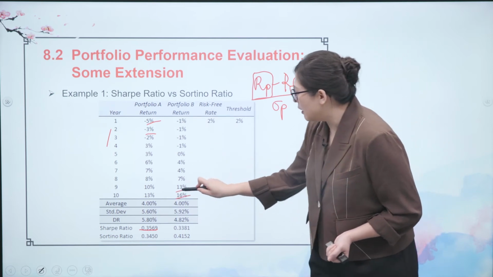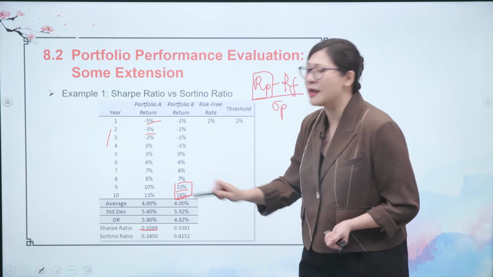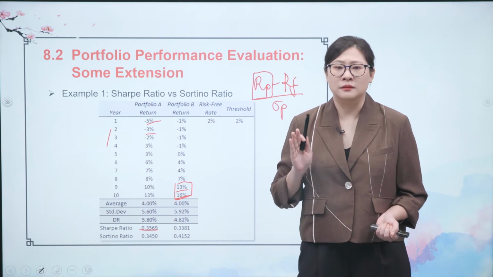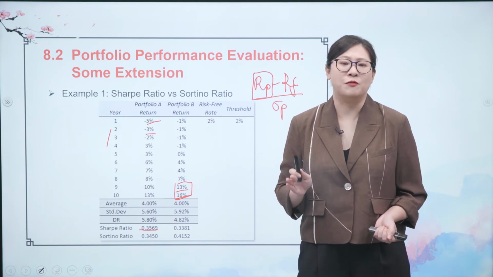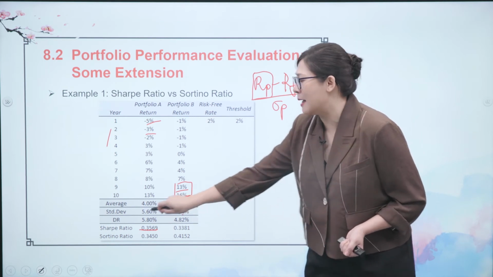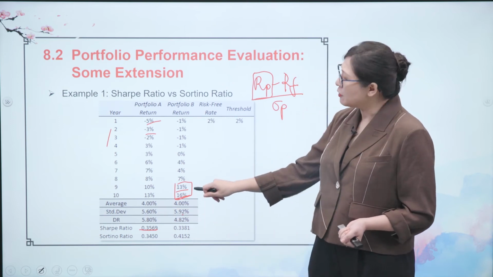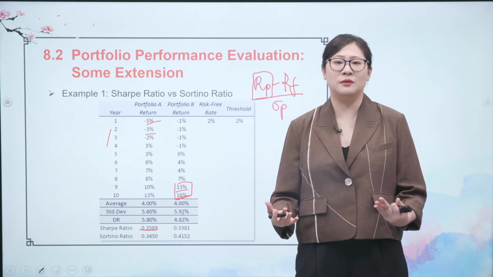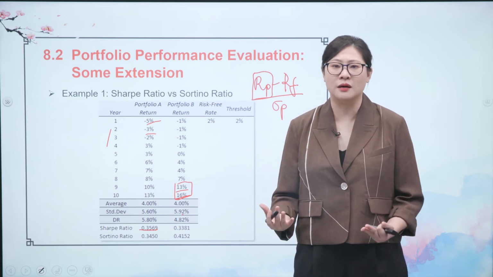So these last two higher increases for portfolio B caused the standard deviation of portfolio B to be higher than portfolio A. But for all investors, this higher return is not bad.